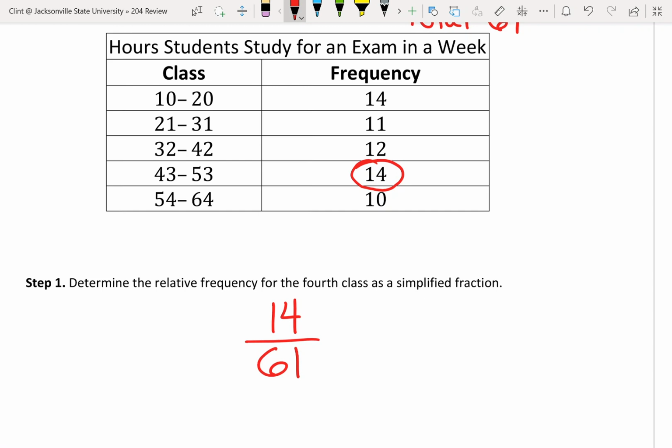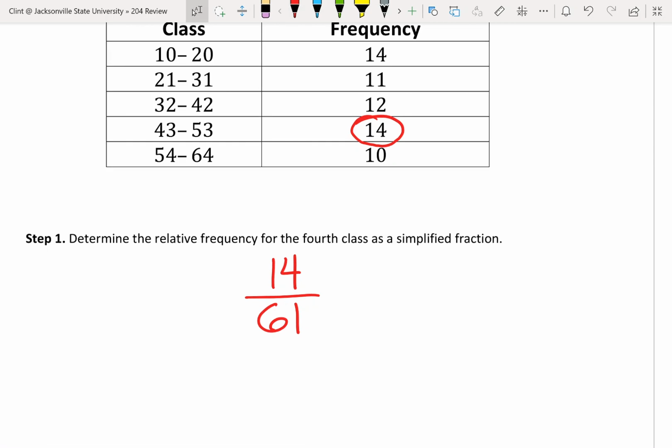And I think that is simplified. I'll just say give me the relative frequency on the test, so you can do it as a decimal or as a fraction, it doesn't matter.